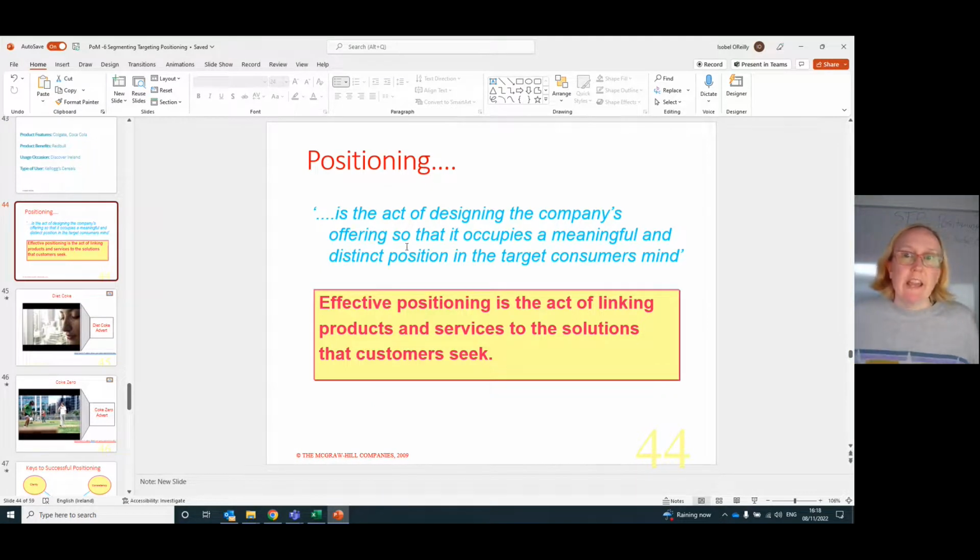So positioning is the act of designing the company's offering so that it occupies a meaningful and distinct position, very important to be distinct, in the target customer's or consumer's mind. Effective positioning is the act of linking products and services to the solutions the customers seek.